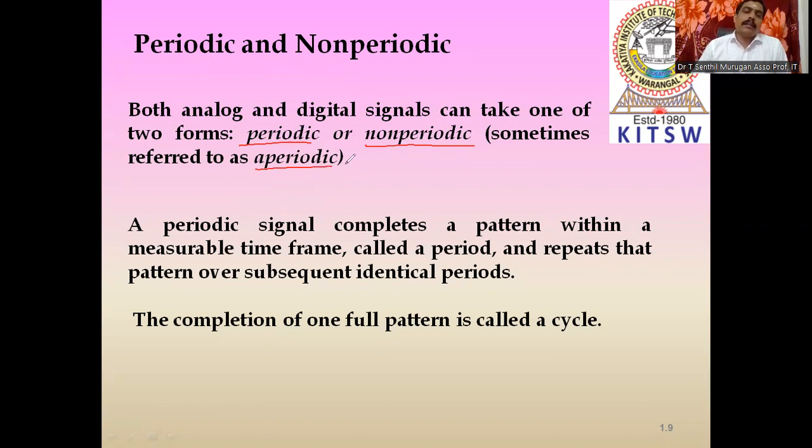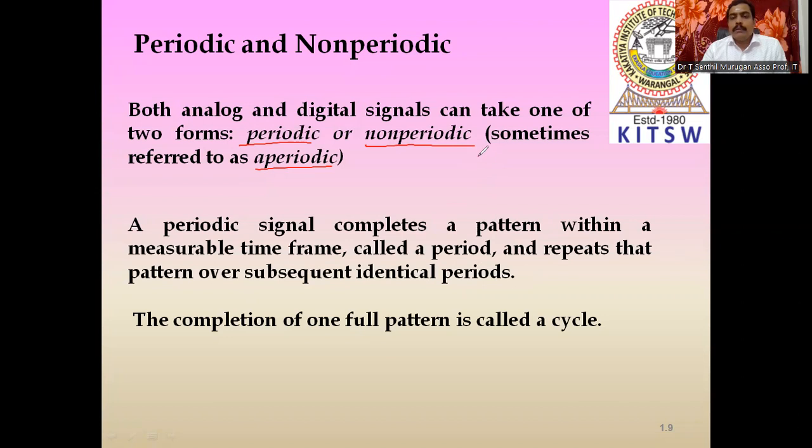Aperiodic or non-periodic, both are the same. A periodic signal completes a pattern within a measurable time frame called a period and repeats that pattern over subsequent identical periods.